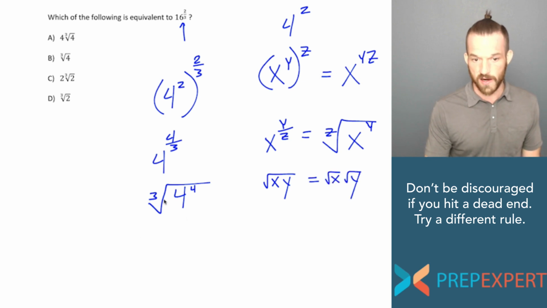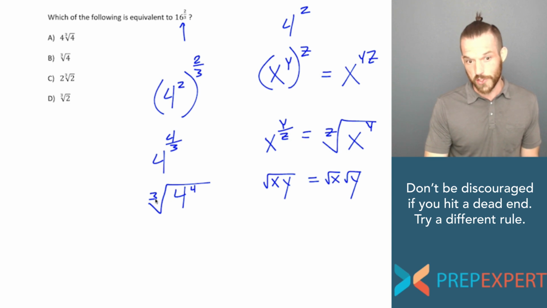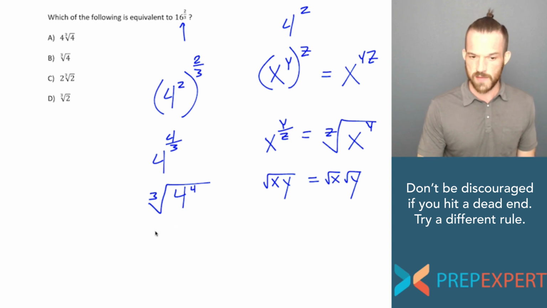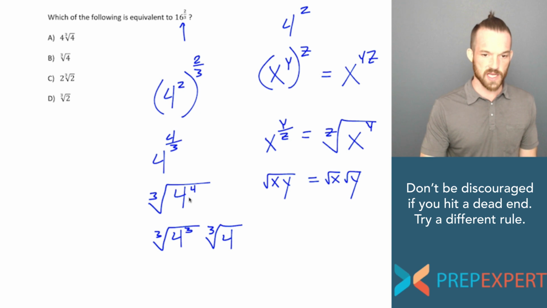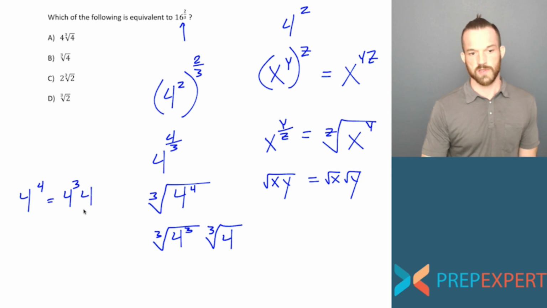So applying that here, I could say that the cube root of 4 to the 4th is the same as the cube root of 4 to the 3rd times the cube root of 4. In other words, I've just split this 4 to the 4th up into 4 to the 3rd times 4, right?